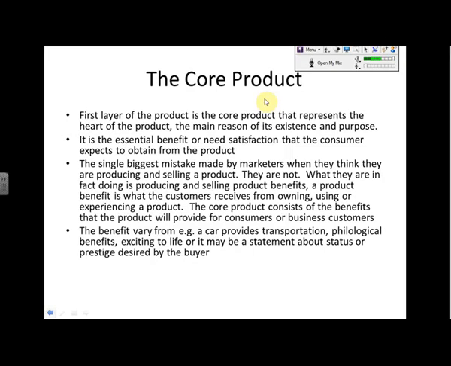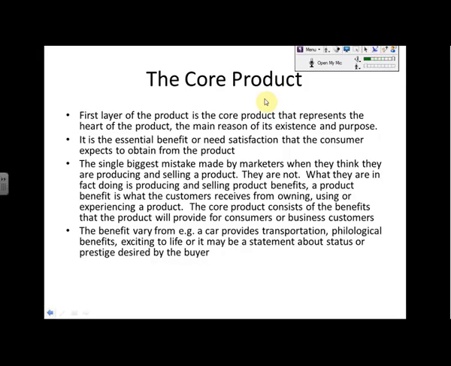A product. They are not. What they are in fact doing is producing and selling product benefits. A product benefit is what the customer receives when owning, using, or experiencing a product.